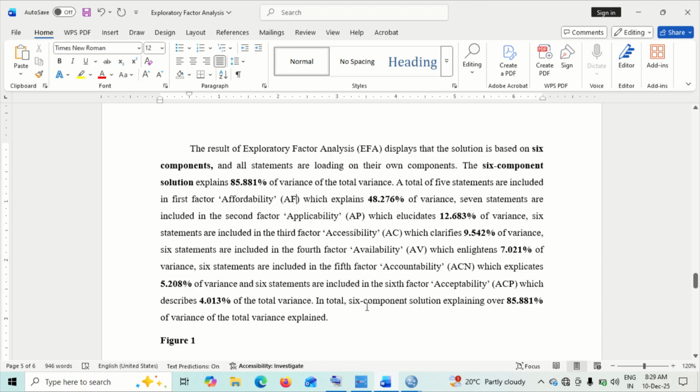In total, the 6 component solution explains over 85.881% of total variance.